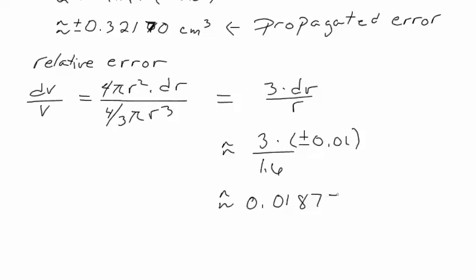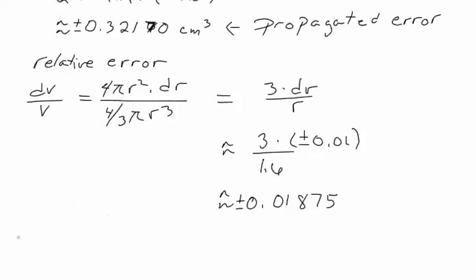We'll just go out to everything it gives me there. And of course, remember, this is plus or minus. So that's our relative error, how to calculate our relative error.